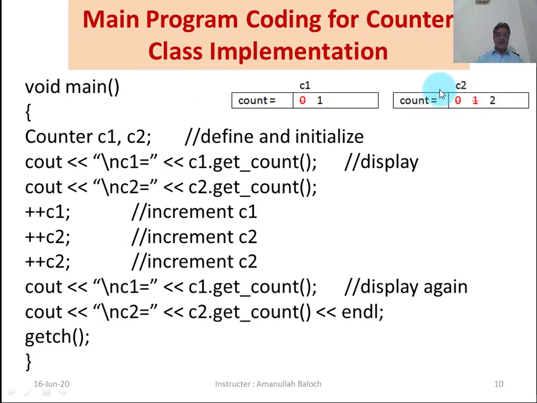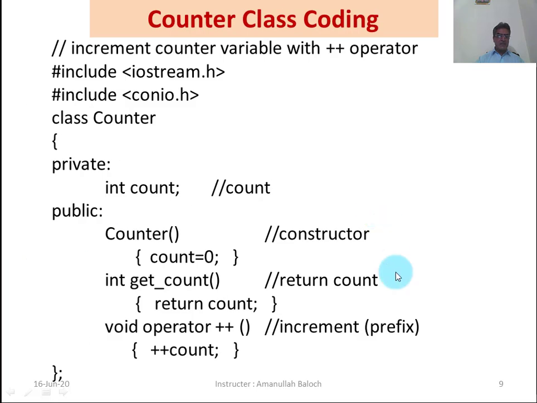which is here with C2 will be incremented, and from 0 it will become 1, and again plus plus C2. At this location the plus plus operator is called again, and that will increment the value of the count attached with C2. When we call this operator function, here it is incrementing count.